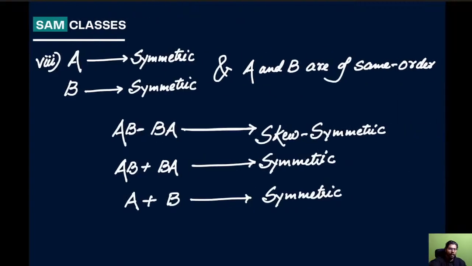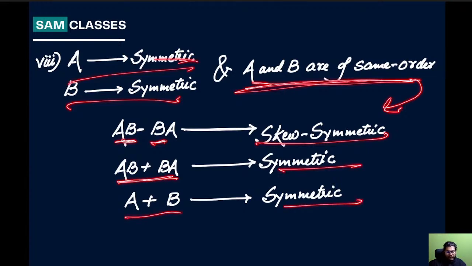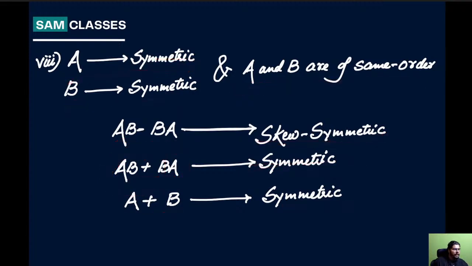Now, A is symmetric, B is symmetric, and A and B are of the same order. Very important. A lot of questions come from this. Then AB minus BA is skew symmetric, AB plus BA is symmetric, and A plus B is symmetric. Whenever you are adding, it's symmetric. You can solve and verify it, or you can keep it in mind.